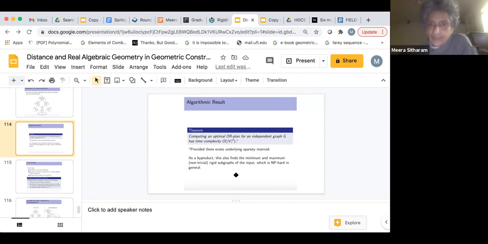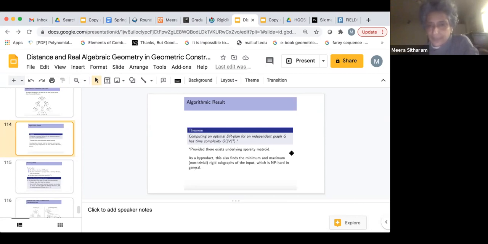As a byproduct, we also get that this finds minimum and maximum non-trivial rigid subgraphs of the input graph, which are also shown to be NP hard in the same paper in general.